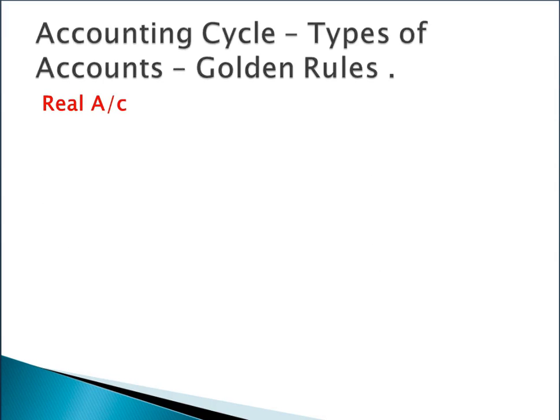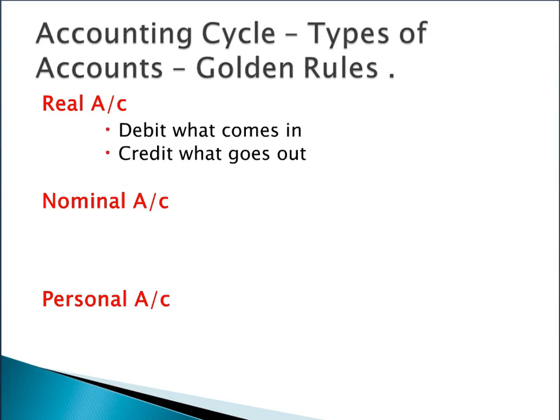So in the accounting cycle, there are three types of accounts. Each type of account has a golden rule. For the real account, the golden rule is debit what comes in, credit what goes out. Till your CA final, you have to remember this. In fact, lifelong you will remember.